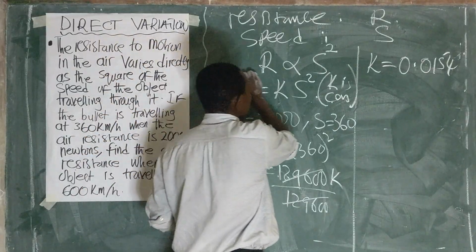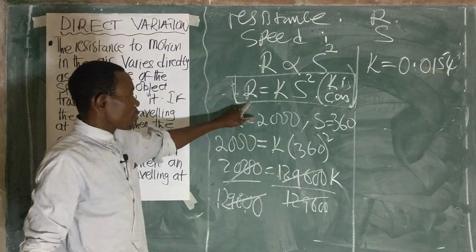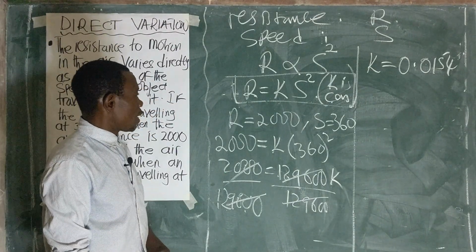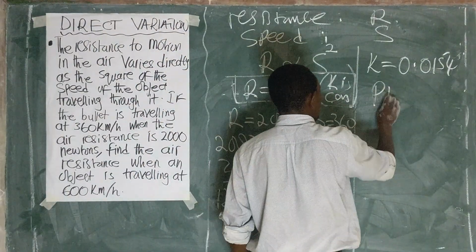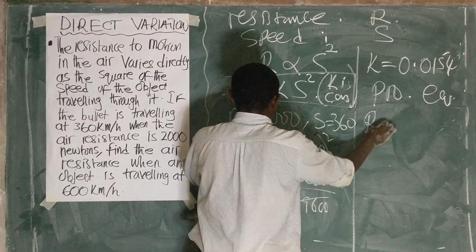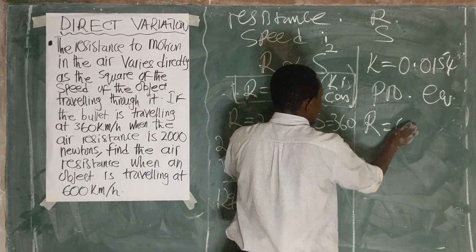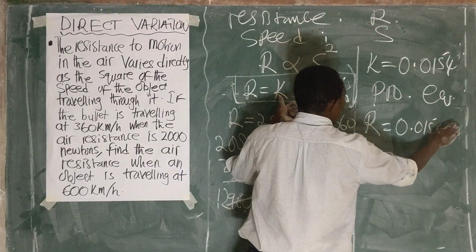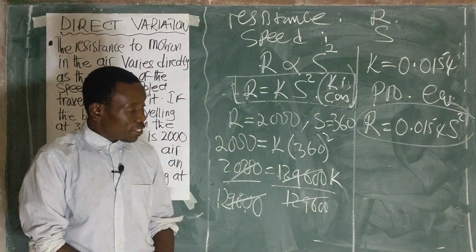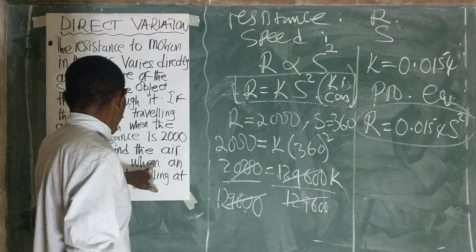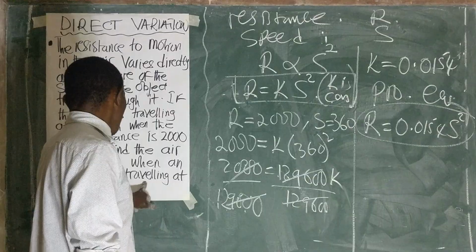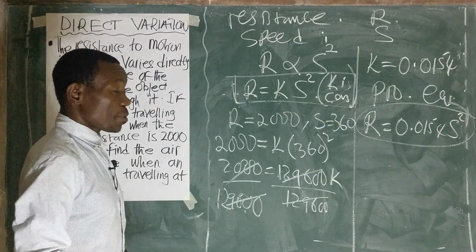The earlier one didn't have a K value. Now that we have found K, our complete proportionality equation is R equal to 0.0154 S squared. It's the one we use to find the resistance when the object is traveling at 600 kilometers per hour.